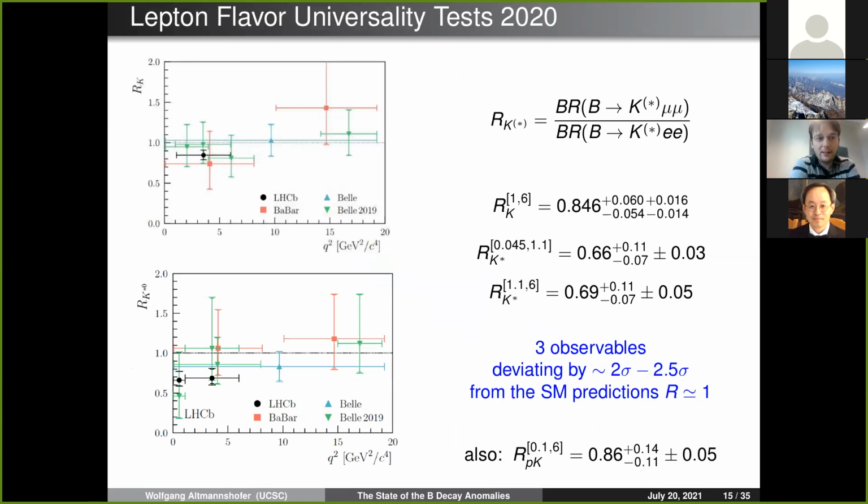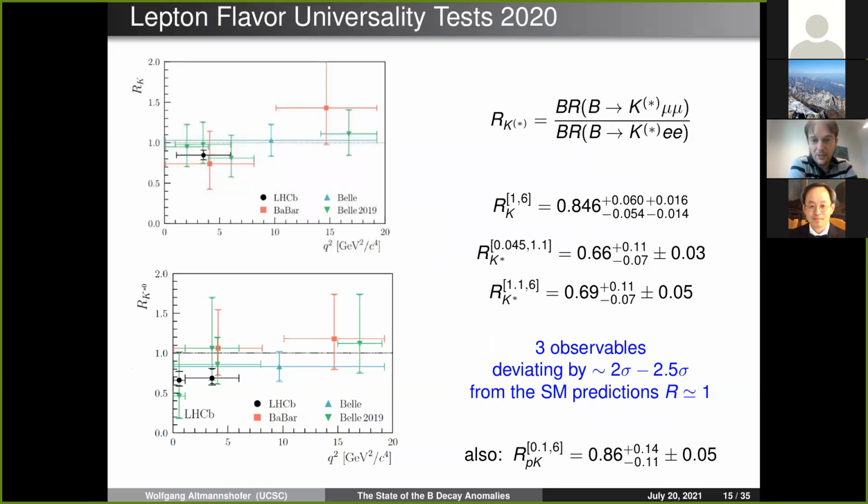Okay, then the last class of observables that I would like to discuss are these lepton flavor universality ratios, Rk and Rk star. I already mentioned that these are ratios of branching ratios of B to K mu mu or B to K star mu mu over B to K ee or B to K star ee. This is the situation as of last year.